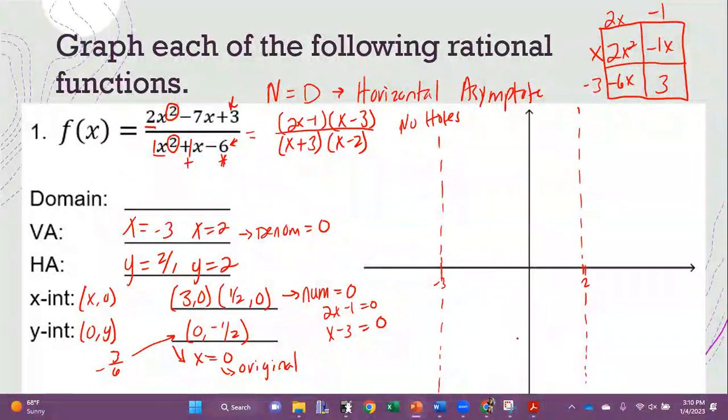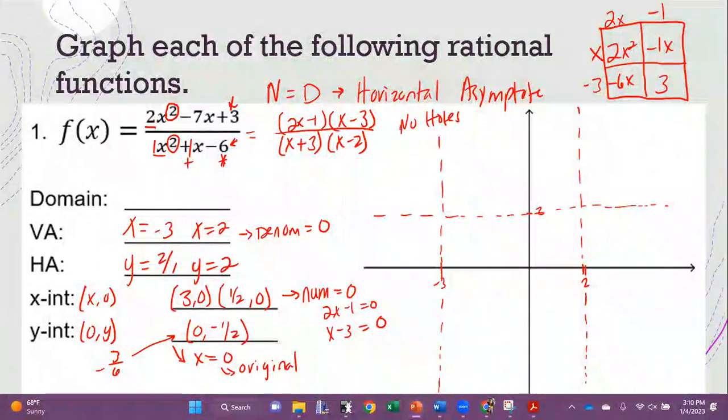Okay, I have a horizontal asymptote at 2, so I'm going to put that in.